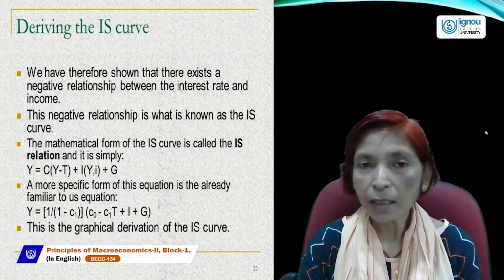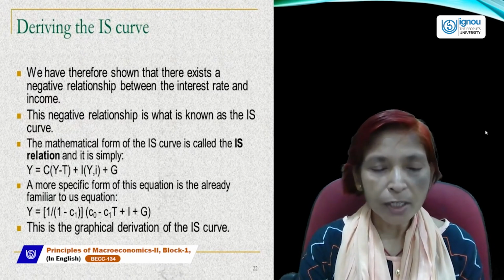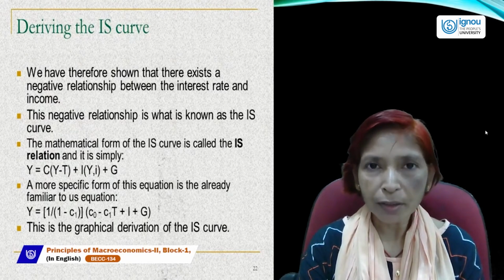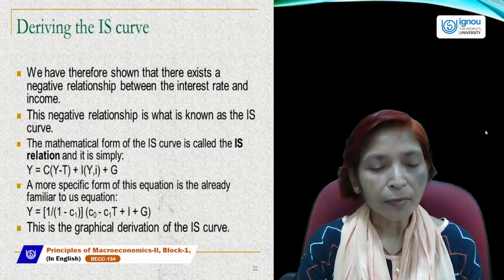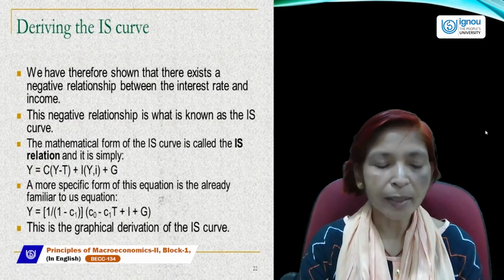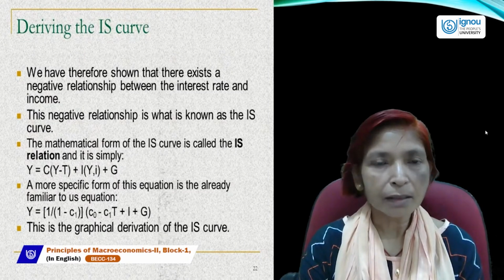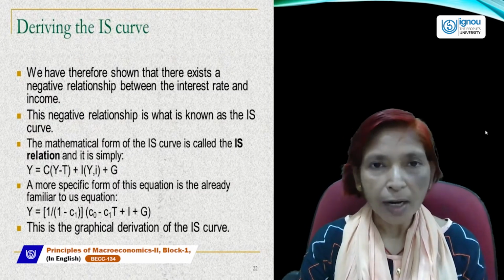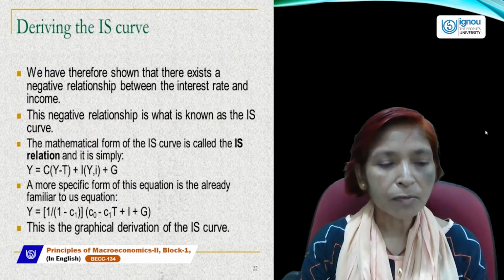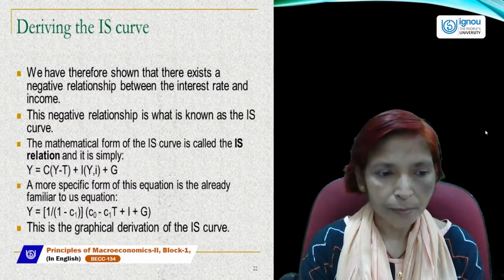Next is I. I means investment. Investment generally depends upon the rate of interest. If the rate of interest increases, investment falls. If the rate of interest falls, investment increases. And we can write the equation of I as I in bracket Y and i, where Y is the level of income and i is the rate of interest.